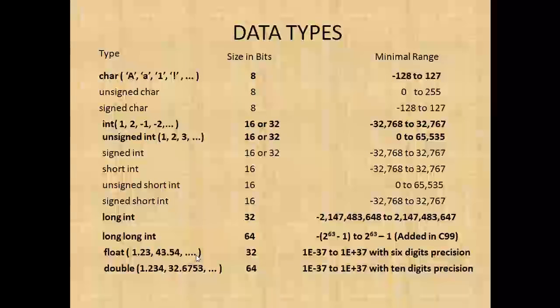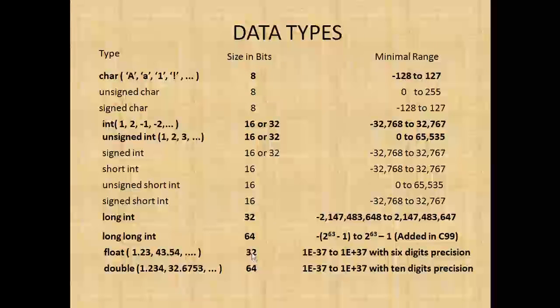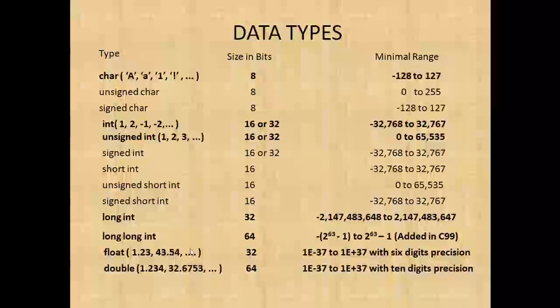And float is for real values, and this is represented in 32-bit format, and this is the range of float data. There is 6-digit precision after the decimal point, like you can represent 1.23456, but after the decimal you can represent up to 6 digits, not greater than that.